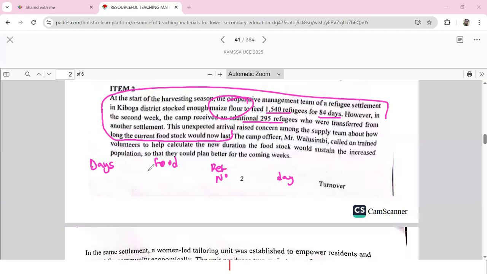When the refugees are many, it means that the food will take fewer days, or you will need more food. So you need to look at that kind of relation. This kind of relation means it lies under proportions: more people, more food, and the number of days also differ. So here you can apply your knowledge of proportions.